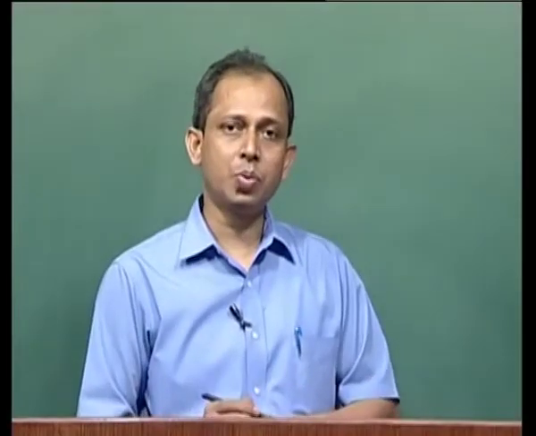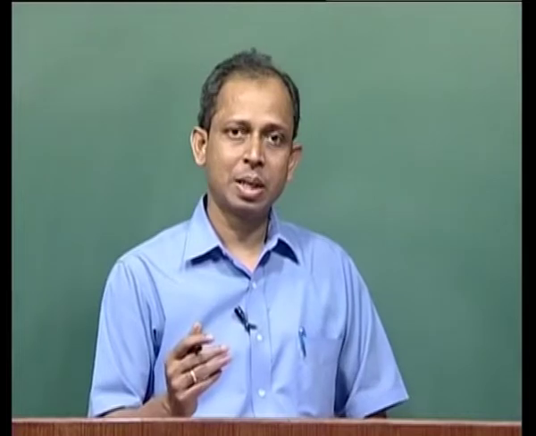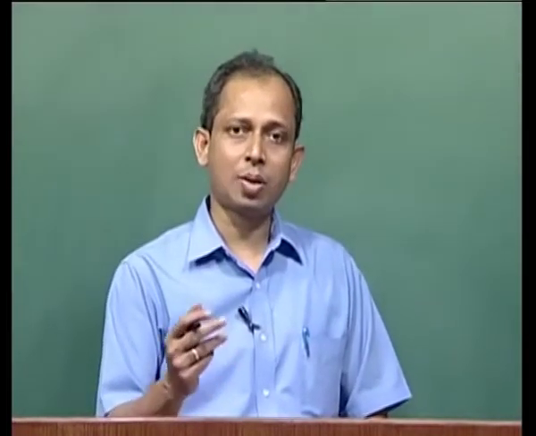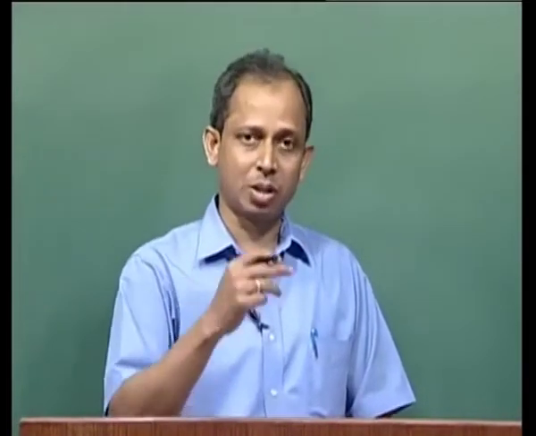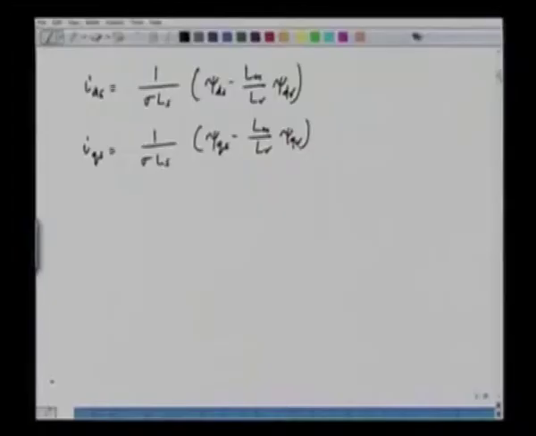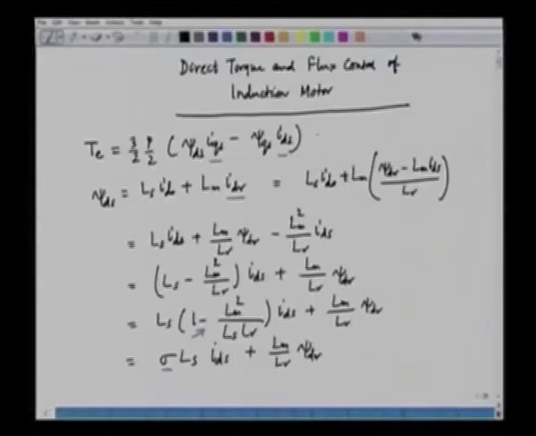Now, what we will do is take these expressions and substitute for IDS and IQS in the torque equation, and the torque equation is this. We will substitute for IDS and IQS in this torque equation and simplify.